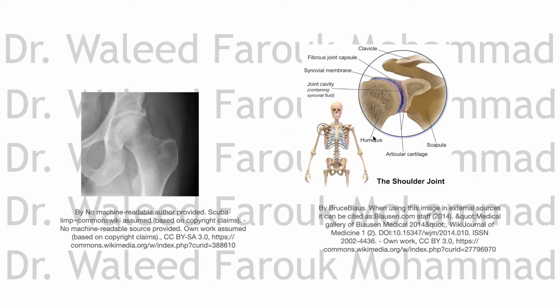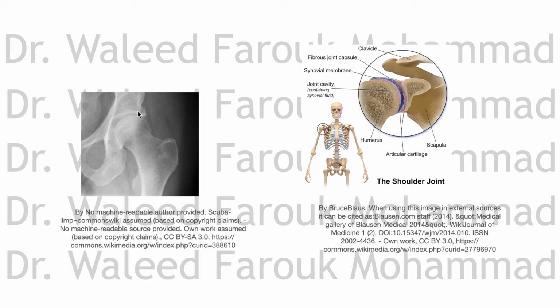This is another example of a ball and socket, which is between the head of the humerus and the glenoid fossa of the scapula. But please note here the relation between the surface area of the head of the humerus, the head of the femur, and the articular surfaces that enclose them.